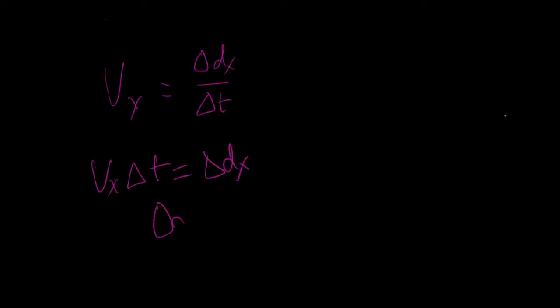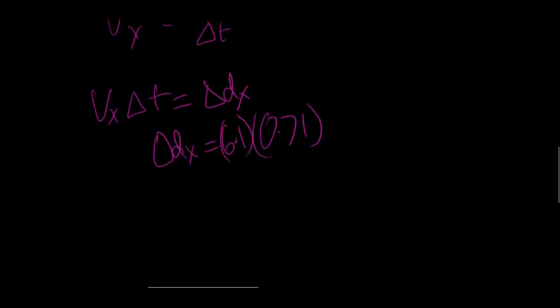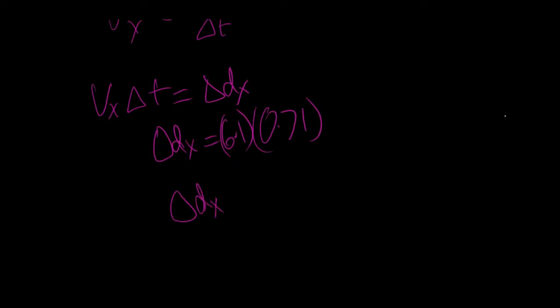Now delta dx equals 0.71 is time, and then we have 6.1 as our velocity, and delta dx equals 4.3 meters. 4.3 meters.